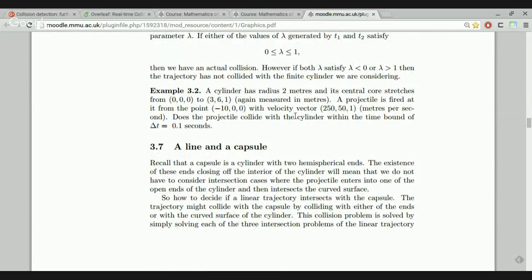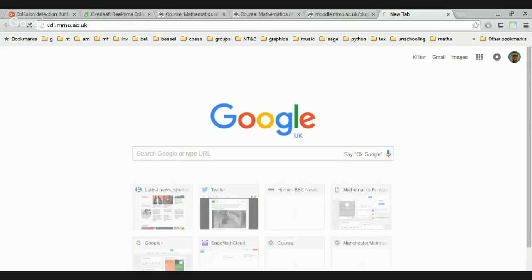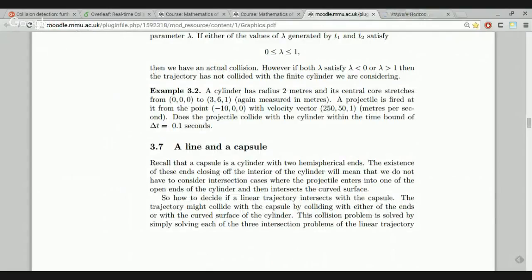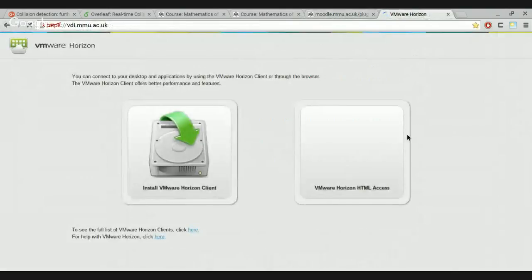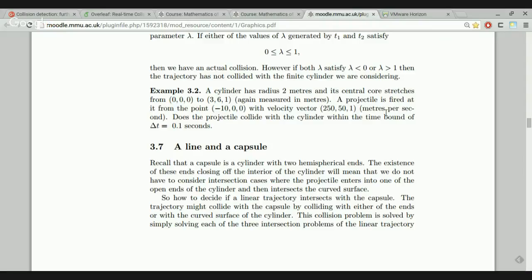Do you want to take a few moments to work on that? I'll go around and answer any questions people might have, and we'll check our solution using MATLAB. In the meantime, while I'm going around, I'll start up MATLAB as well. It gives you a chance to ask any queries you have from the stuff we've considered so far as well. And when we've dealt with this example, we'll move on to the rest of Chapter 3.